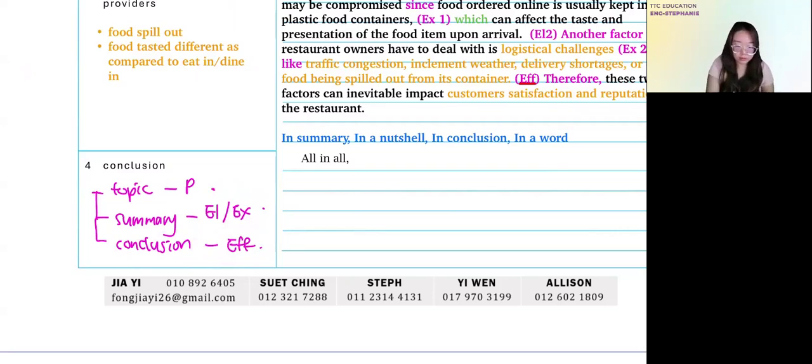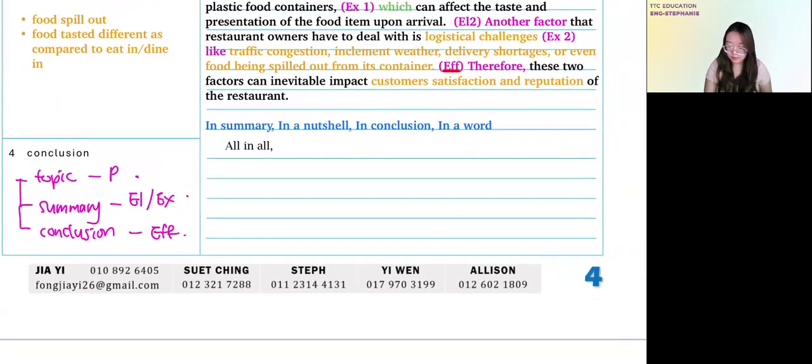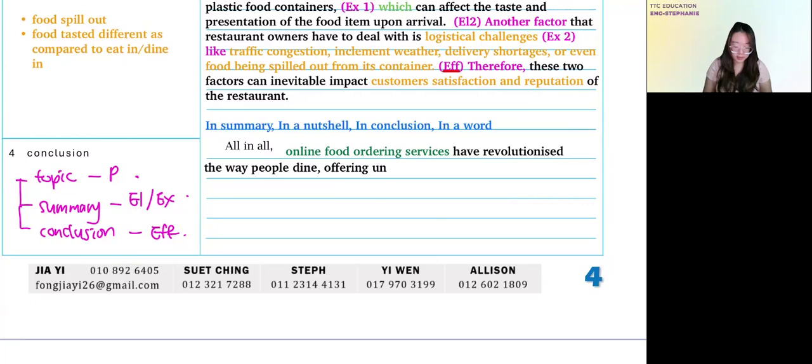All right. So all in all, online food ordering service has revolutionized the way people dine, offering unparalleled convenience.